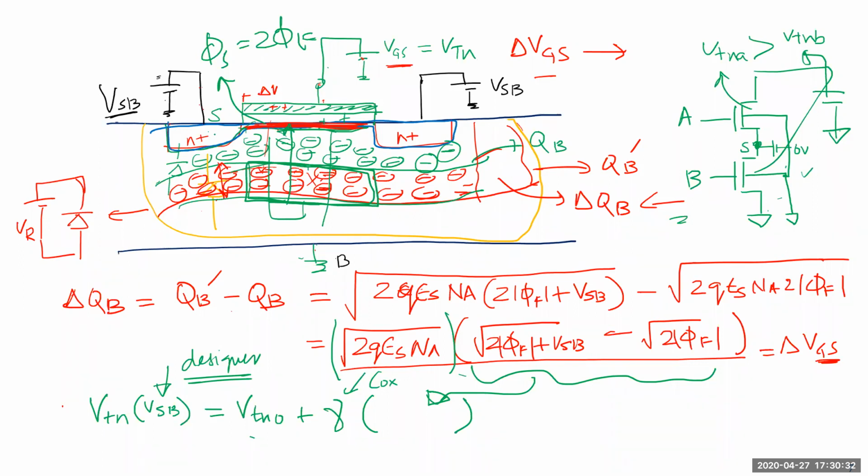But that's because of this source to bulk voltage, not because of the gate. So what we are trying to do is ask what I can do from the gate side so that it looks as if I got this from the gate, because then that will bring this surface potential back to 2 phi f. You got it?